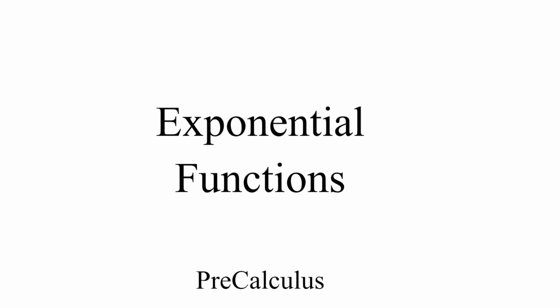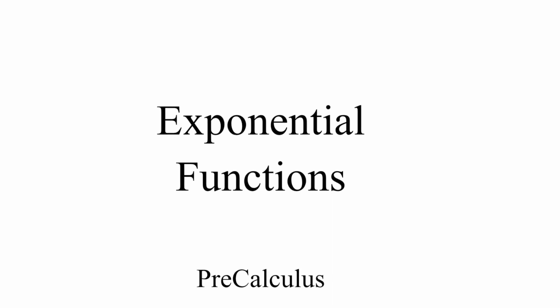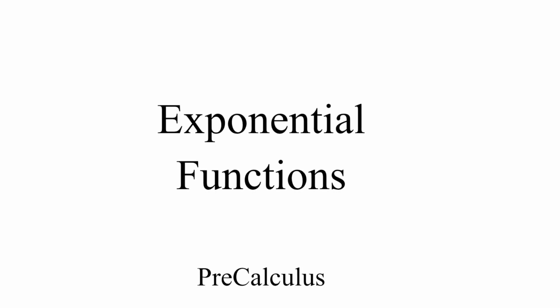Example 12. If $1,000 is invested in an account earning 10% compounded continuously, find the value after 1 year. Here, the continuous growth rate is 10%, so r equals 0.10. We start with $1,000, so a equals 1,000.